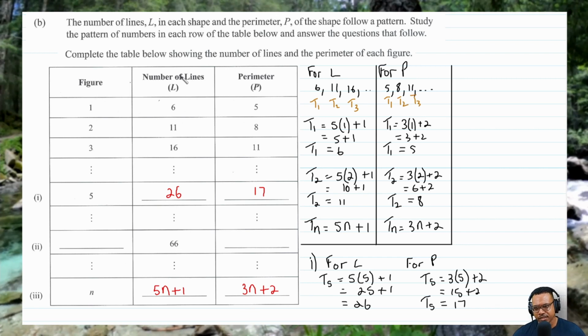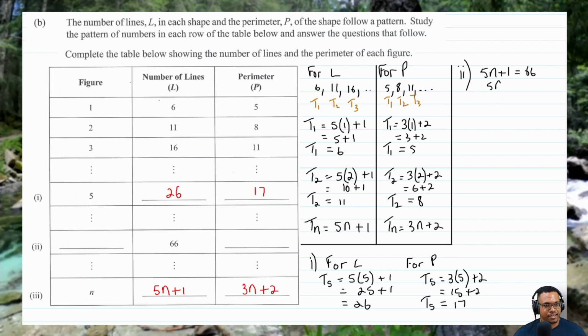And now for part 2, when the number of lines is 66. Remember, this is the general formula for the number of lines. So if you put this general formula equal to 66 and solve for n, you will get what figure it is. So for part 2, I'm going to put 5n plus 1 is equal to 66. Solve for n. I'll transfer across the positive 1, I'll turn it to negative 1.